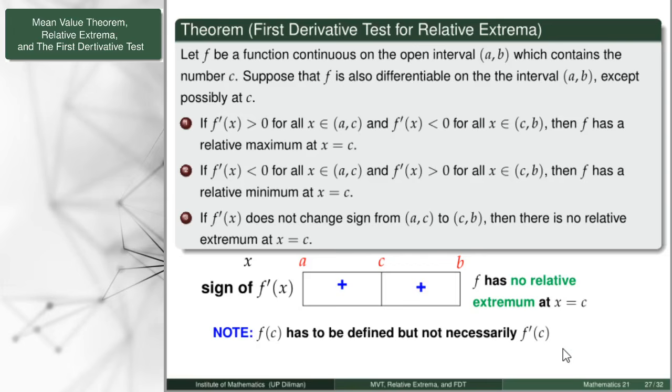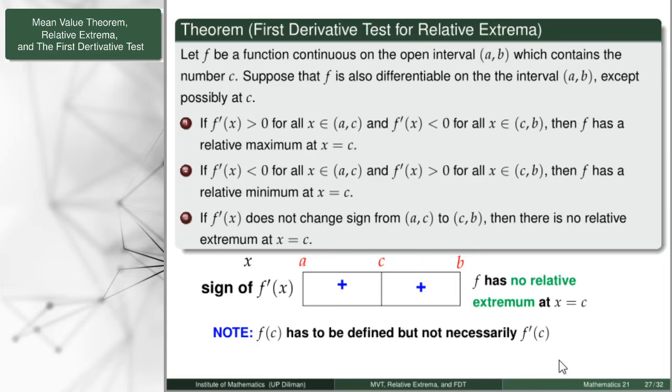That is, you will have a relative extremum if the derivative changed at that point c from positive to negative or from negative to positive. It also means that you have a relative extremum of a continuous function if there is a change in increasing or decreasing, from increasing to decreasing and decreasing to increasing.